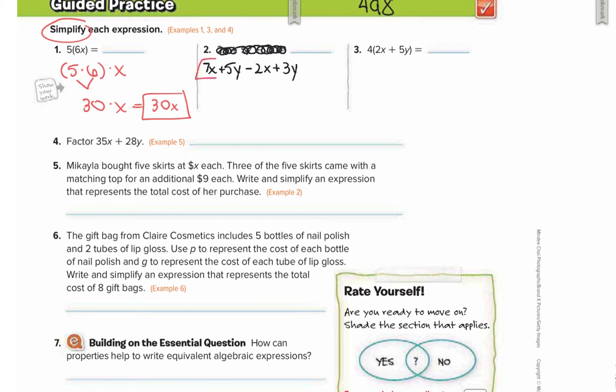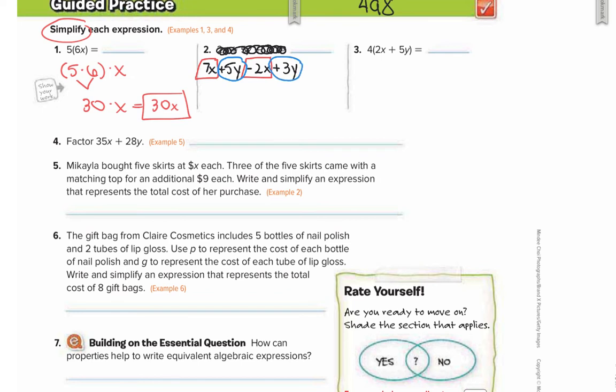So 7x is like terms with 2x. But because the 2x has a subtraction sign in front of it, it belongs to the 2x. And then 5y, the plus sign in front of it belongs to it. And 3y are like terms, and the plus sign belongs in front of it.